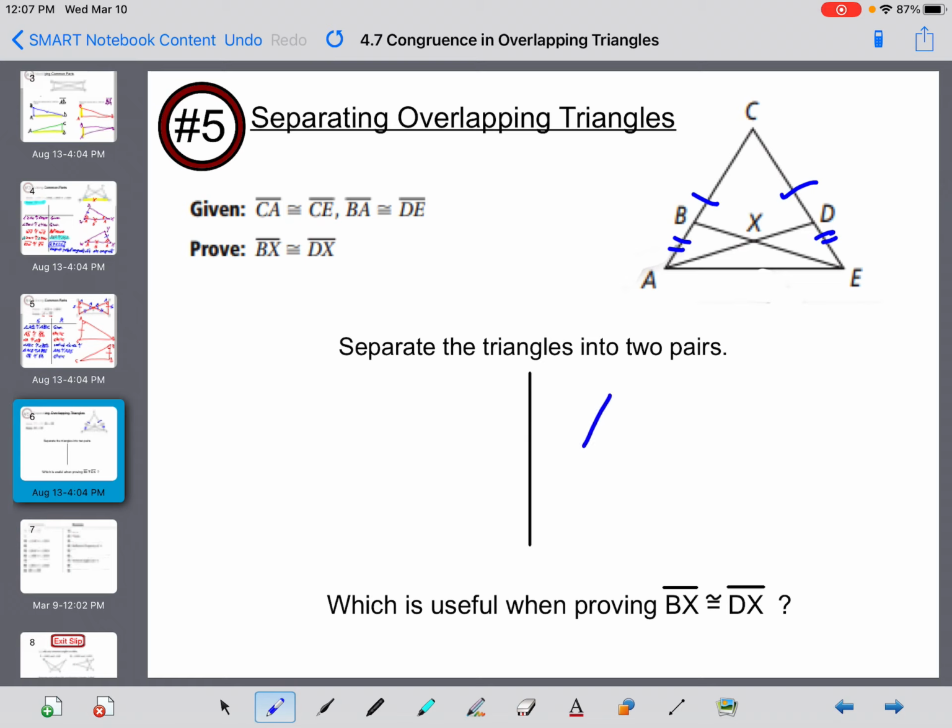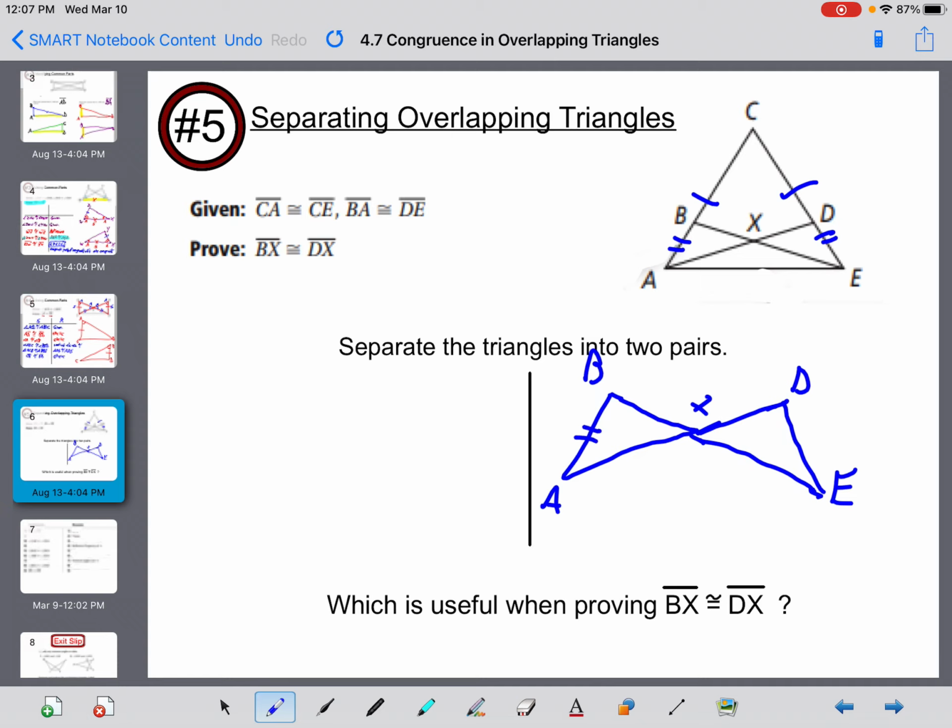Well, the first pair I see is one that looks like this. BAX and XDE.